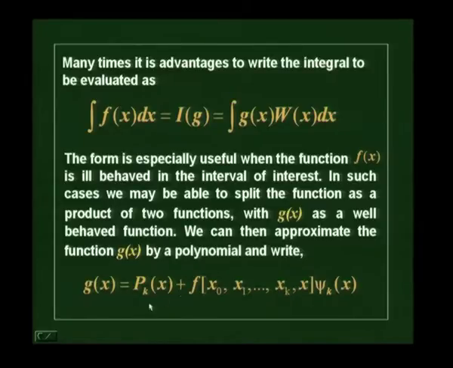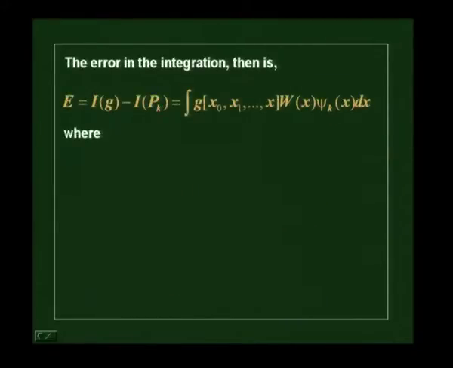Now, we are familiar with this, that instead of f of x, we now write g of x as p_k of x, that is some polynomial of order k, and an error term into psi_k of x, where psi_k of x is an order k plus 1 polynomial. Okay. So, now we can write the error in the integration, I of g minus I of p_k.